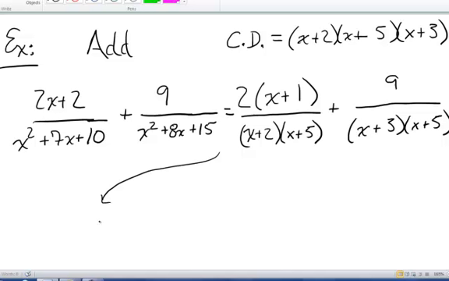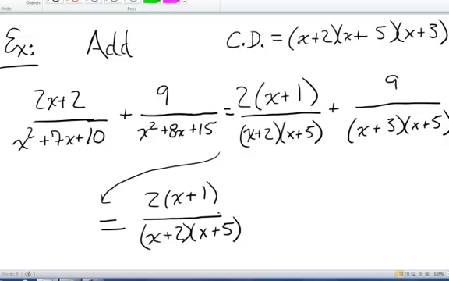Let me move this over here, to give us a little more room for writing. Well, now we want to write each of these fractions in terms of that common denominator. So for the first expression, a lot of times students will shortcut this step. They won't write it, and that's okay, but it's important to see all the work and practice it a couple of times through.